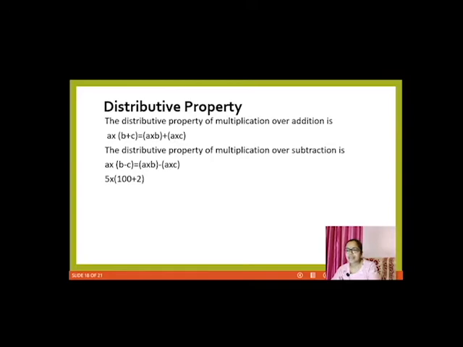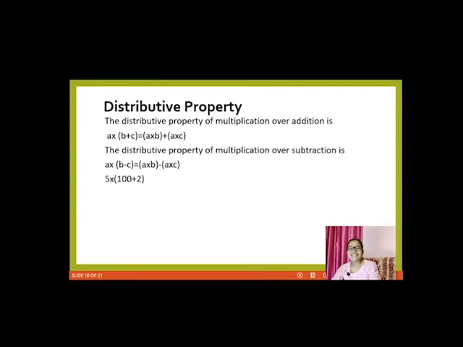So A is multiplied with B and A is multiplied with C, then they are added together. Okay, and the same technique you have to apply on subtraction also if you get such an expression. So A should be multiplied with B and A must be multiplied with C, then go for the subtraction.